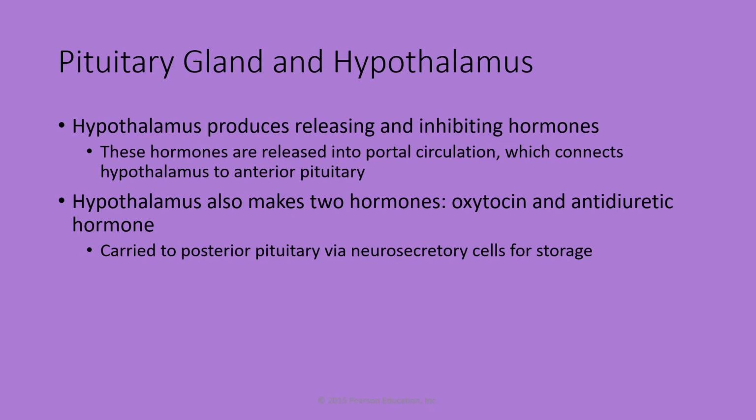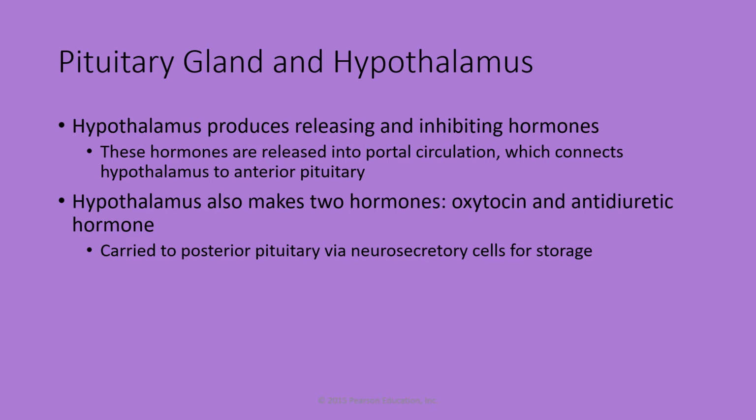The hypothalamus produces several hormones that are involved with stimulating or inhibiting other hormones. The hormones typically are released and then stored in the posterior pituitary.